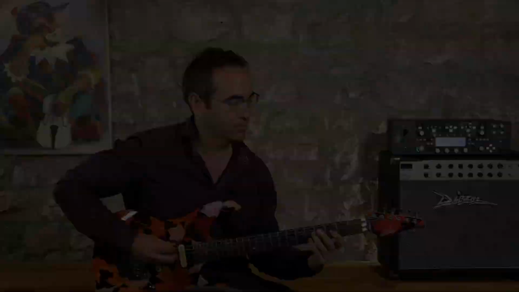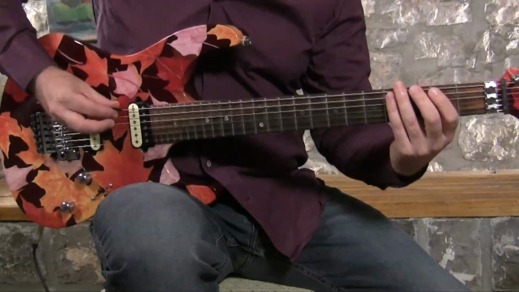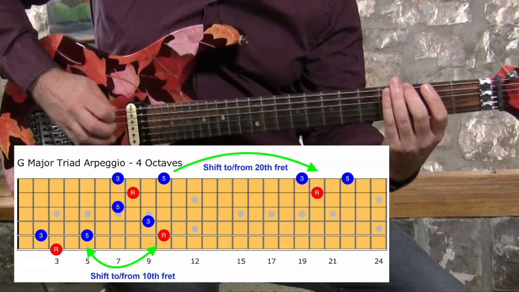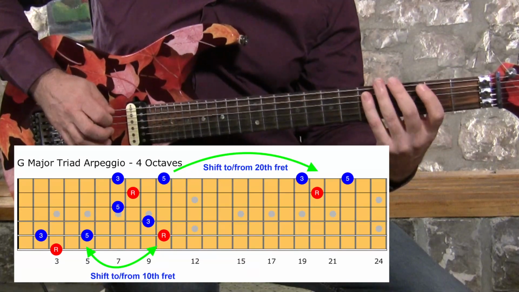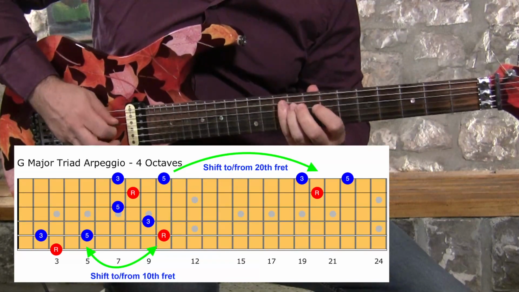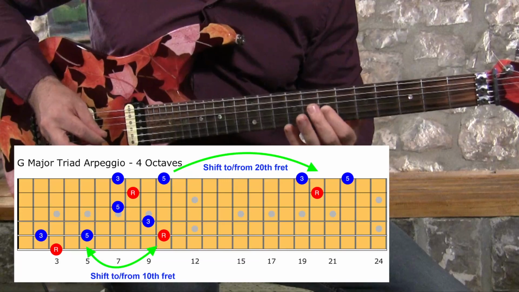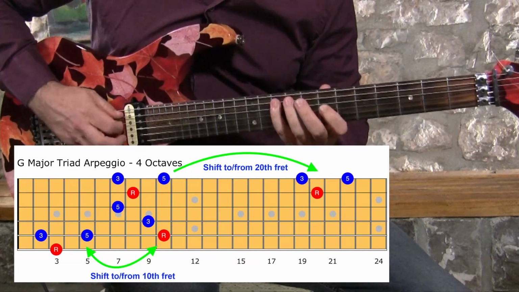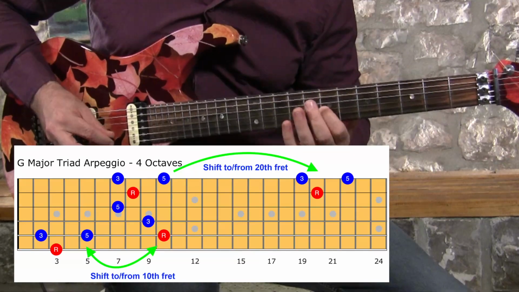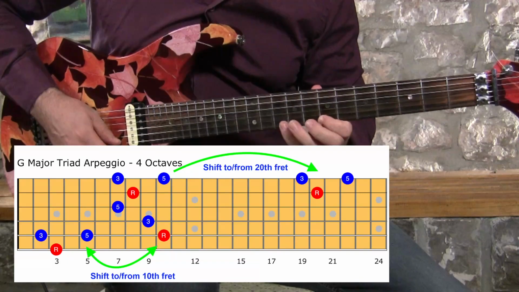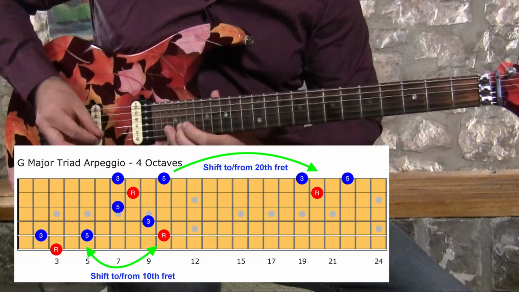Something like this. You could start on the low E string, 3rd fret. That's G, B, D. That's a G major triad. It's also a G major triad. Again, the root, 3rd, 5th, G, B, D. Yet another octave, G, B, D. And the 4th octave.